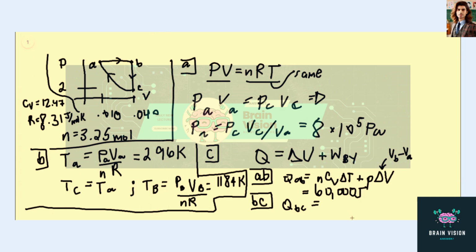That one's nice because delta V is 0, so it's just going to be nCV times T at B minus T at C. We have both of those from part B, so that set us up nicely to do these problems. All right, and then C to A.